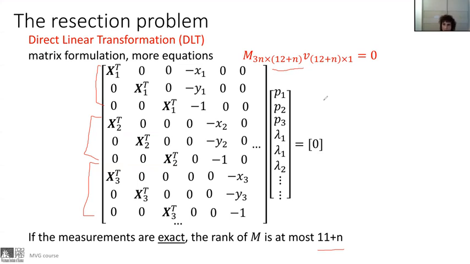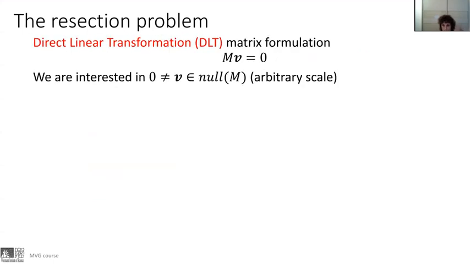But in real life, the measurements are not clean, and I have noise. So I have to somehow solve the problem with noise. So far we have the matrix formulation, such that I want to solve M times v.